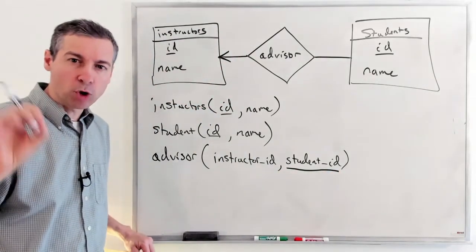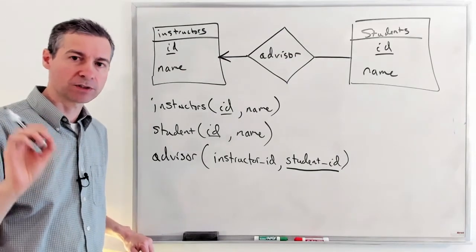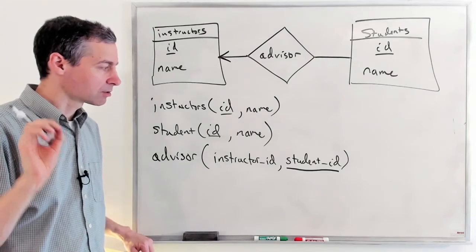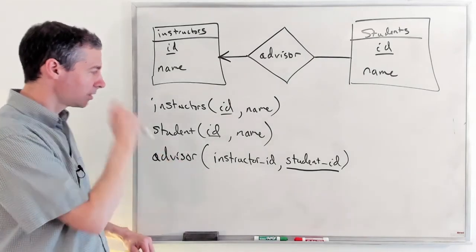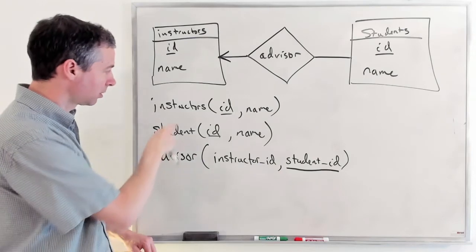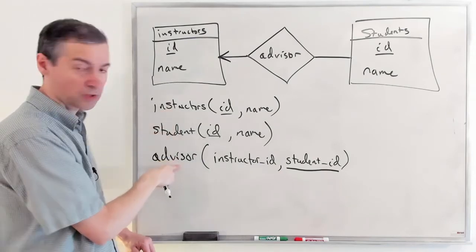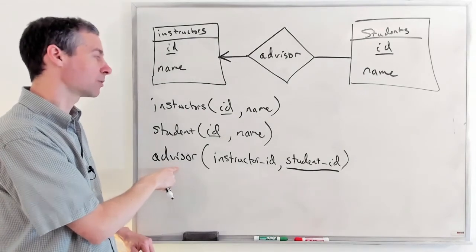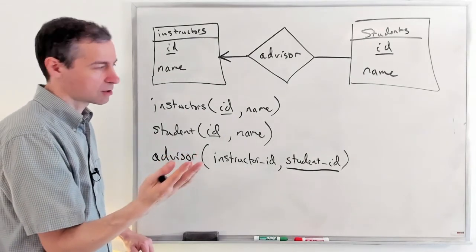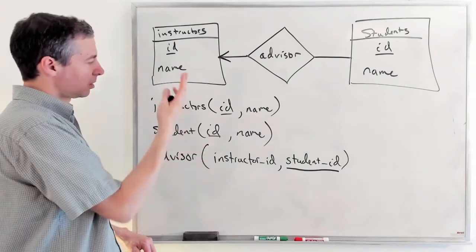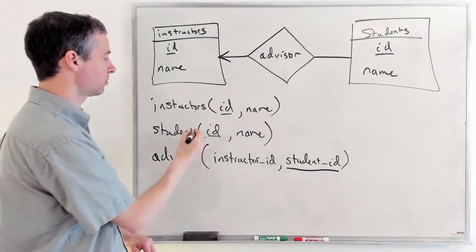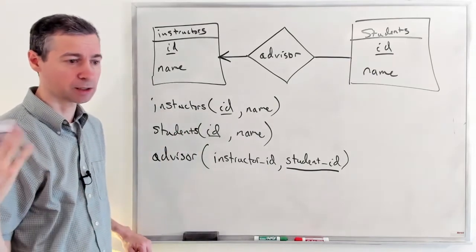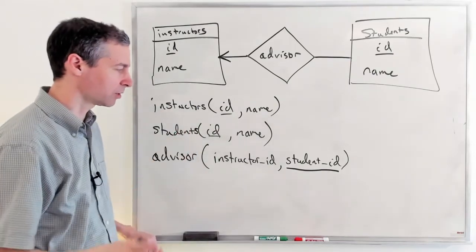Let's take a moment and check to see if our understanding of this is correct. So we're going to end up being able to join between instructors and students via this advisor table. All right, so it can be like select star from instructors, students, advisor, where, and we'll do some join on it.